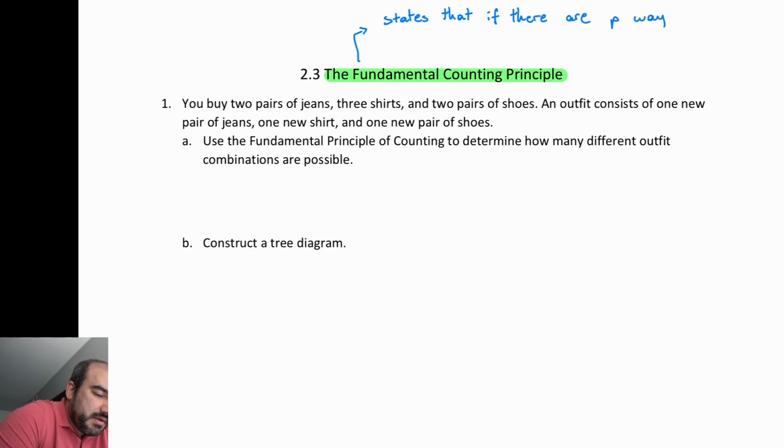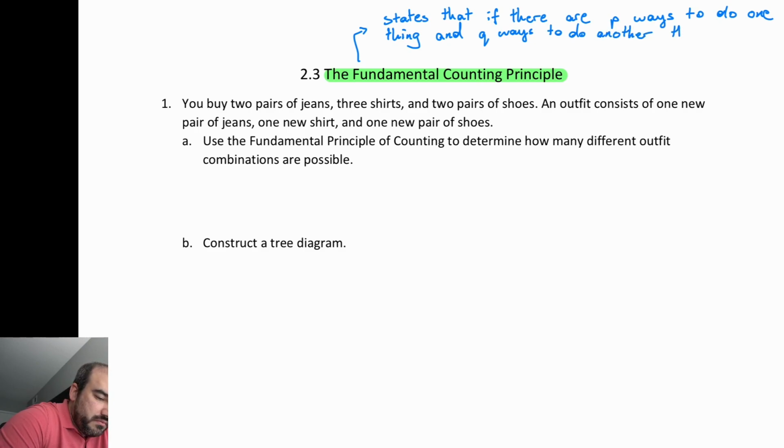p ways to do one thing, and q ways to do another thing, then there are p times q ways to do both things.